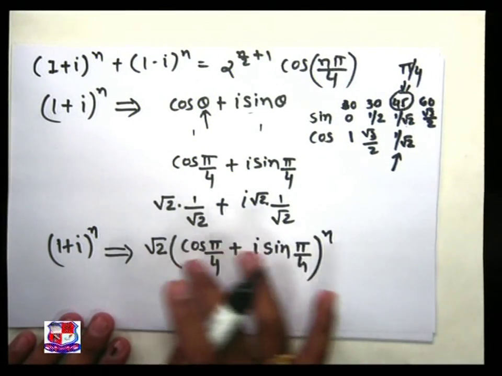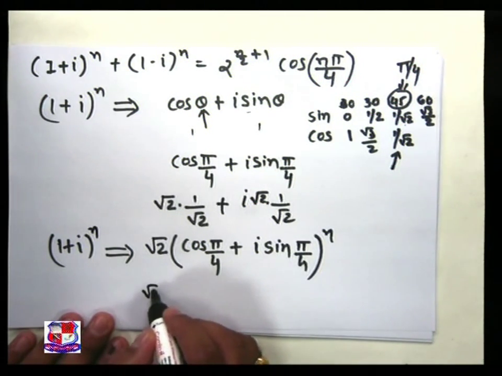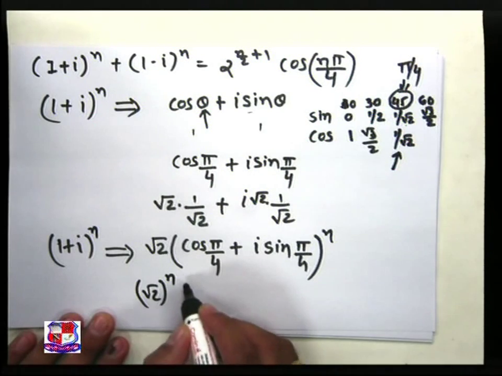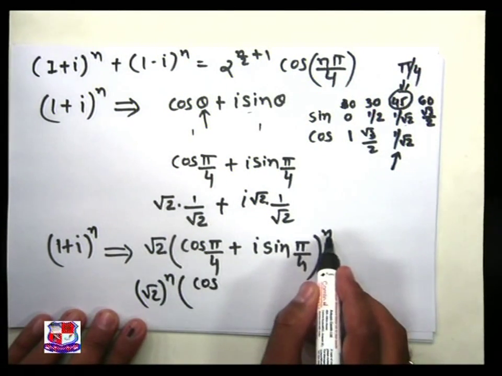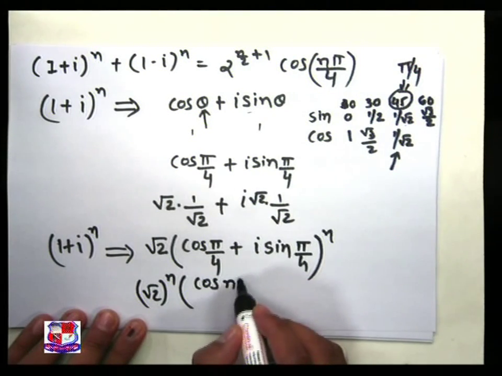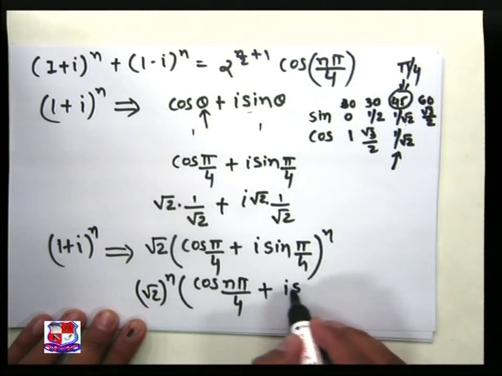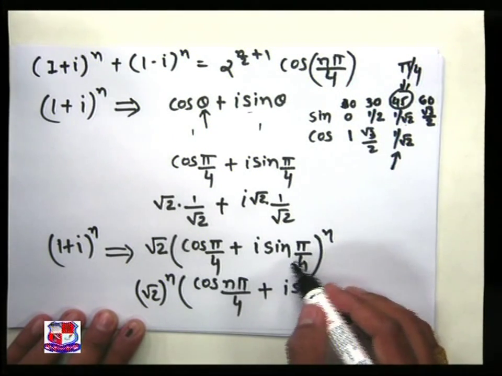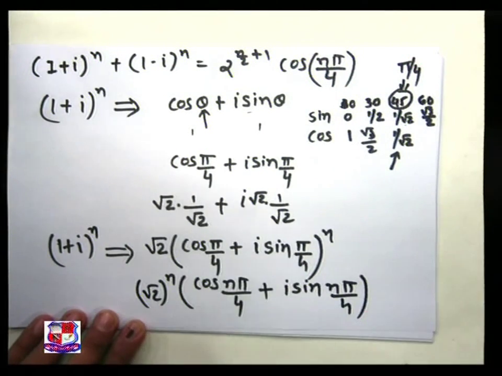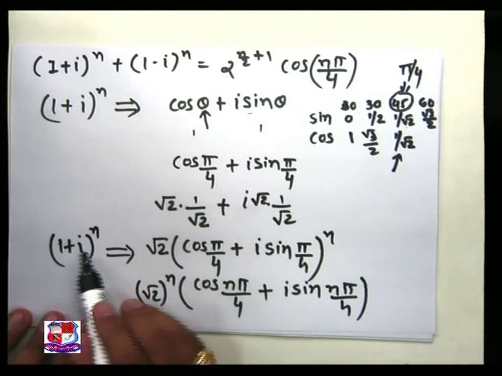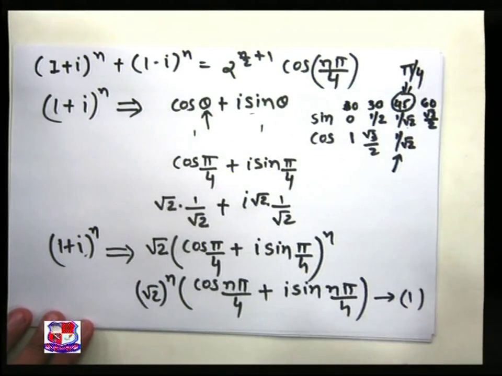Now we simplify: (√2)^n, and cos with power multiplied by angle becomes nπ/4, plus i sin nπ/4. So we can simplify (1 + i)^n in this way. This becomes equation number 1.